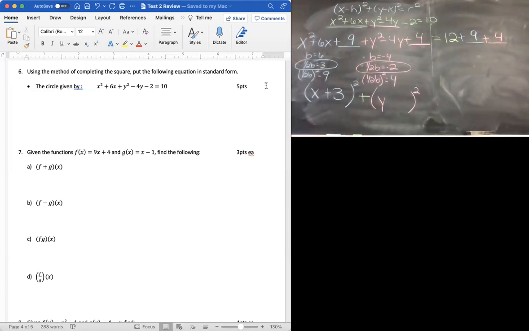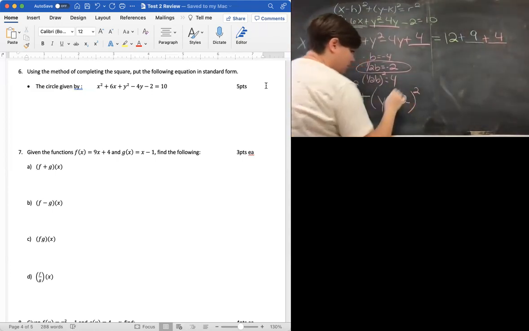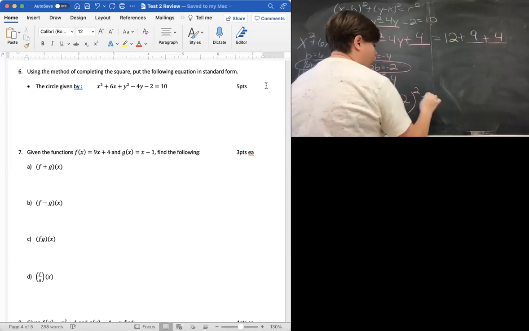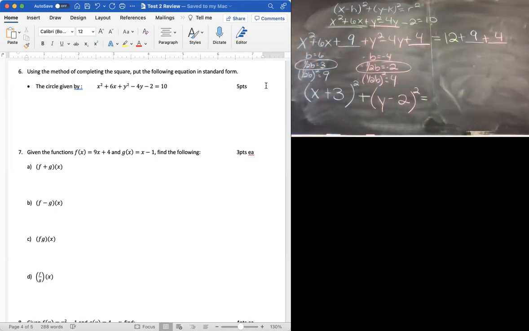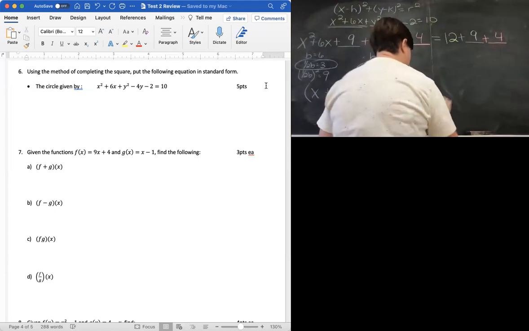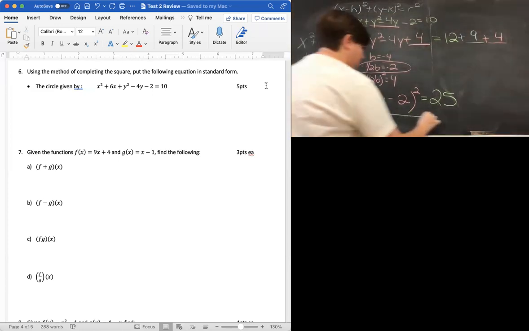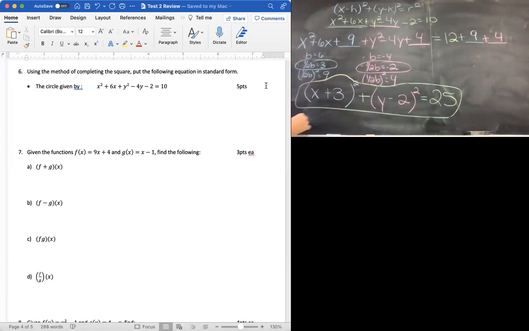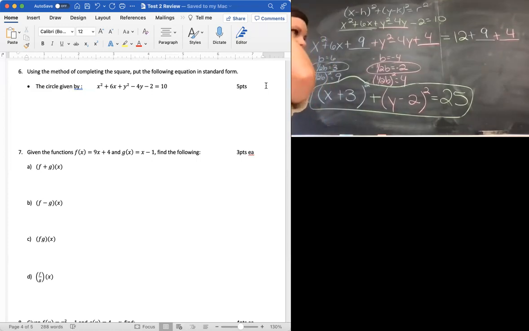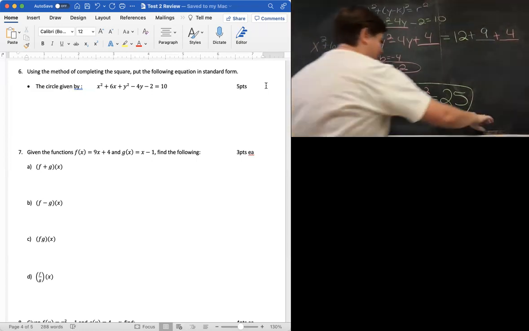My 1/2 b, which is minus 2, quantity squared, equals 12 plus 9 plus 4, which equals 25. That's how we complete the square twice to get the standard form of the circle. From that, I could ask you what the center and the radius are, and you'd be able to tell me because we just did that on the previous problem. Okay, so that's in 2.8.